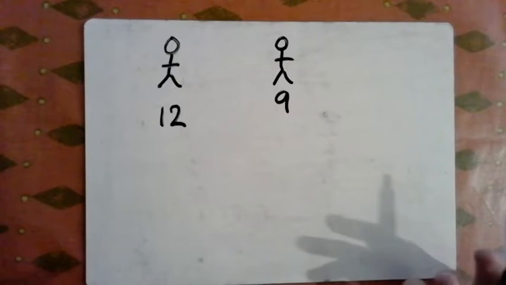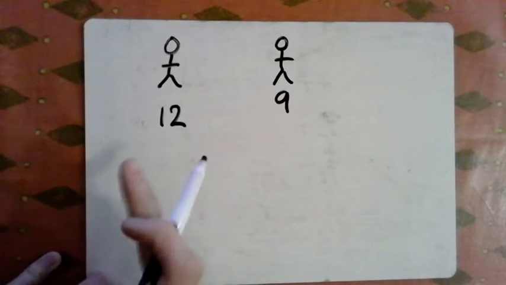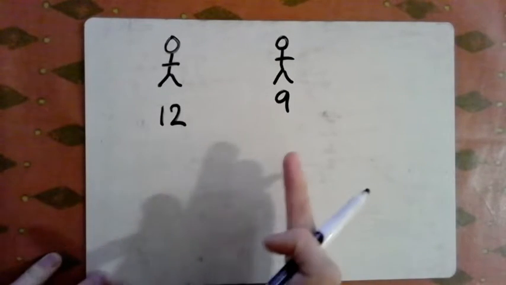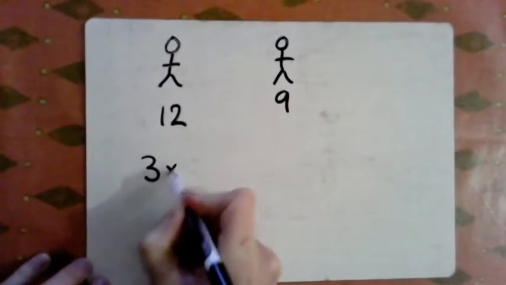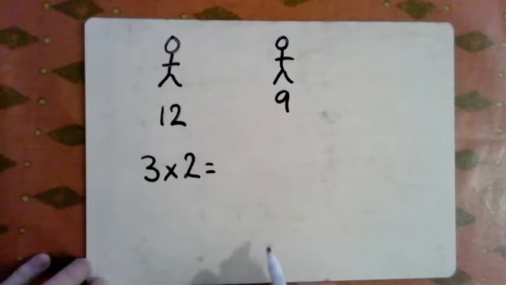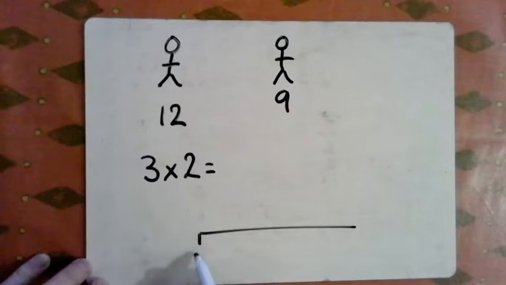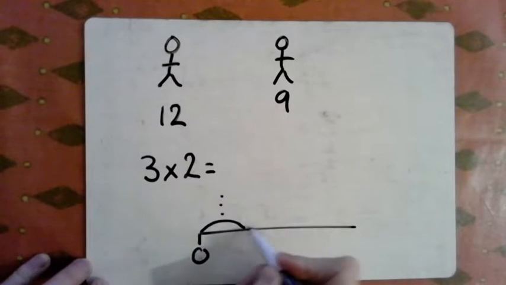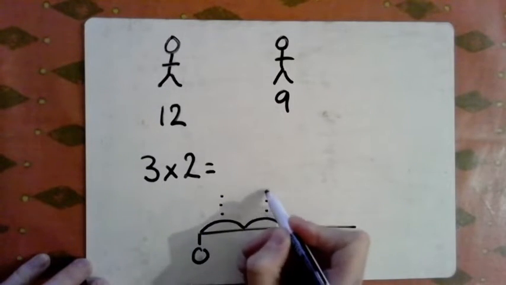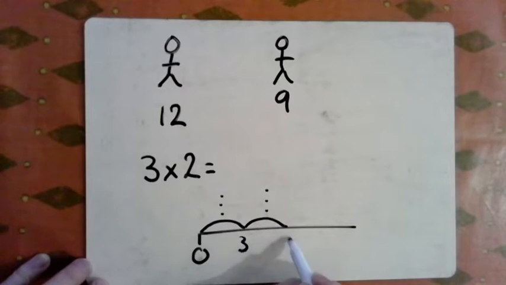Now, multiplying, we know, is when we have the same number added over and over again. So if we take, for example, 3 multiplied by 2, we know if we did it on a number line, we would say we had 1, 2, 3, 1, 2, 3. We'd have 3, it would be 6.